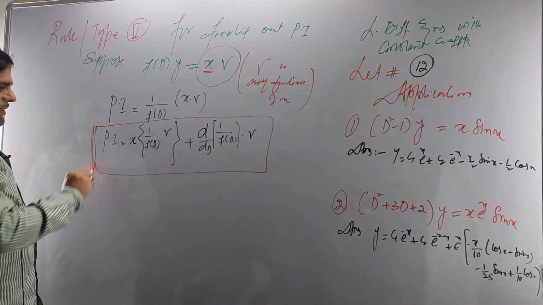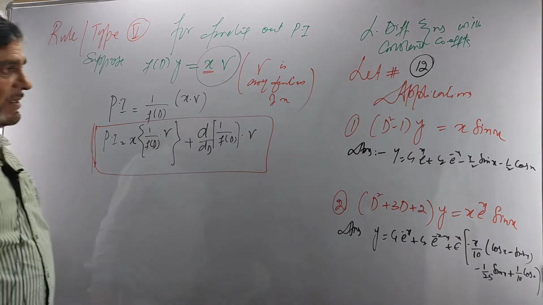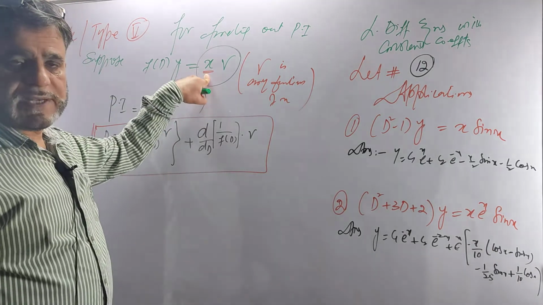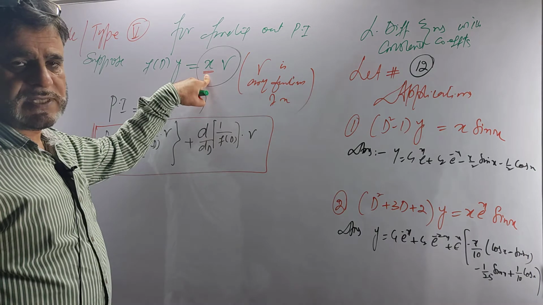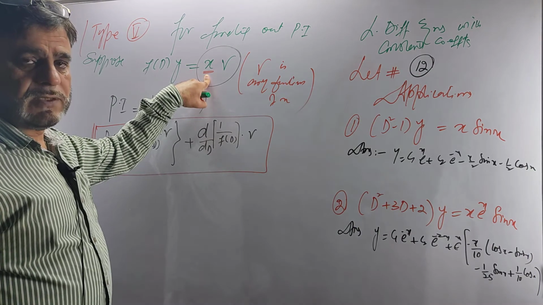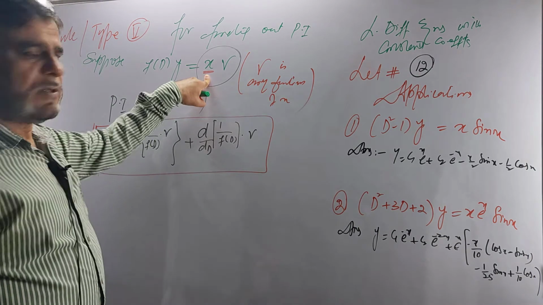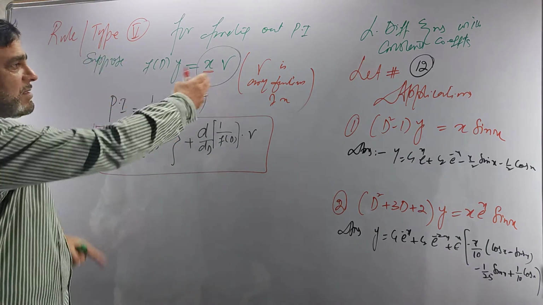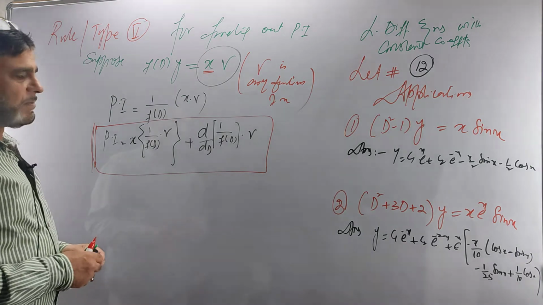We may say that it is the last rule, but I have told you in case this is not linear, suppose it is x square cos 2x, x cube sin x, how we deal those questions, we switch to rule number 4th back for those. But here when it is this form, it becomes very simple.